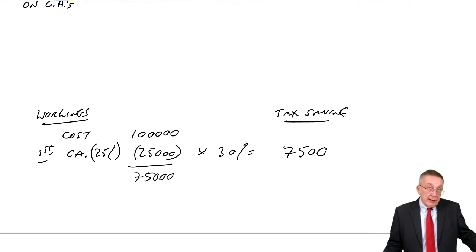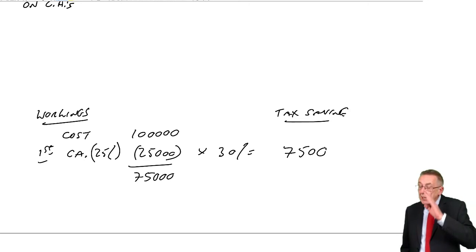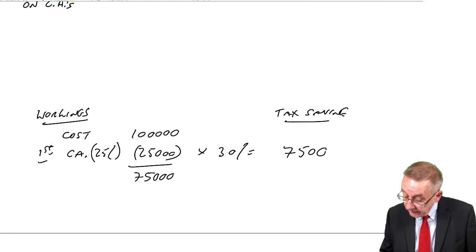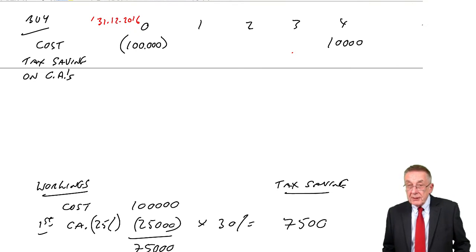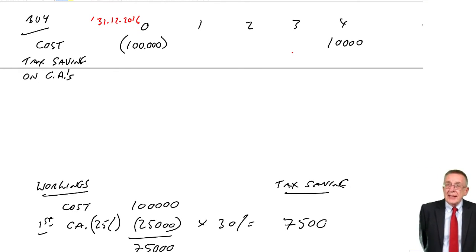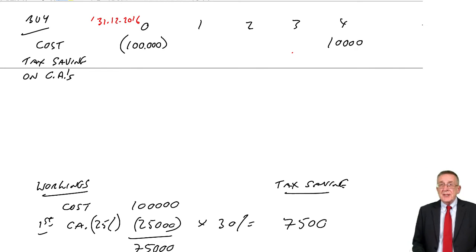Now, in a minute, I'll carry on, 25% each year. However, again, we need to think carefully about the timing, because this is odd. When was the machine bought? It was bought on the last day of the financial year, which, as an example, I said, suppose is December 2016.